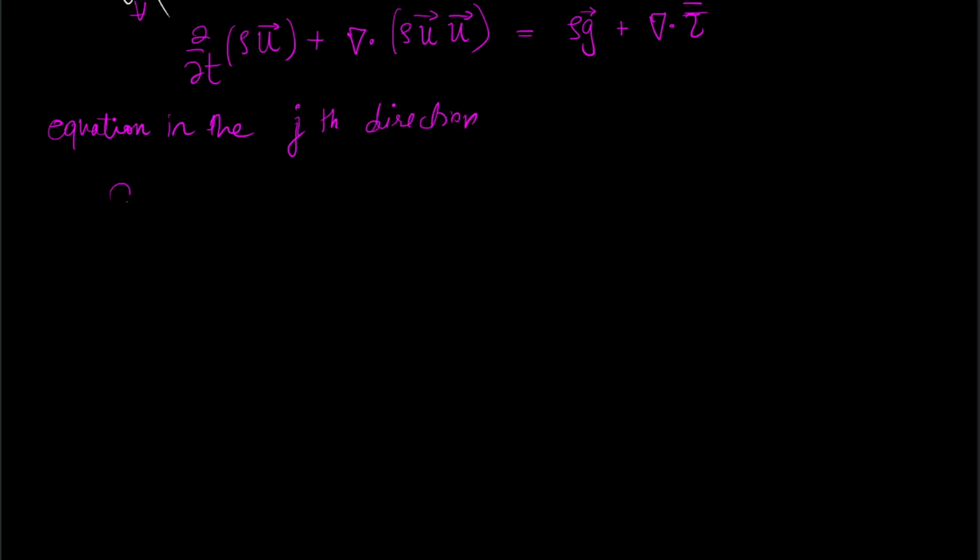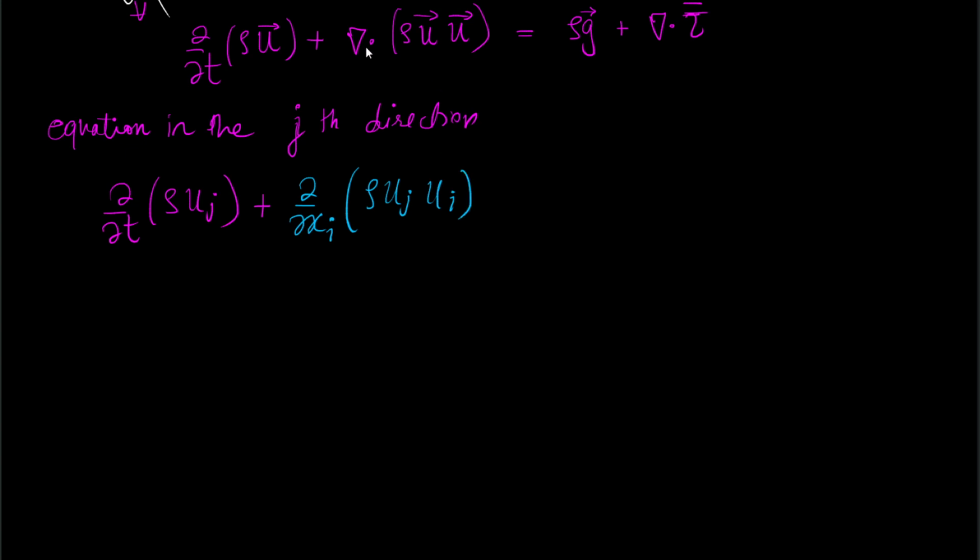So the first term will be del t of rho uj, that is, the jth component of velocity, plus the divergence of, so because we are using an index notation, the divergence will become del xi of rho uj ui.